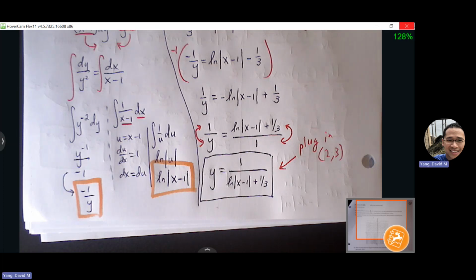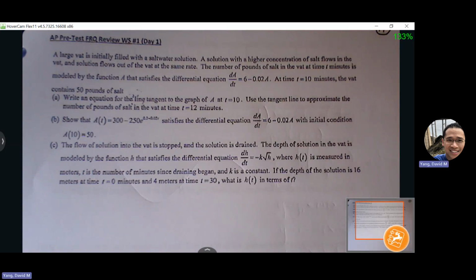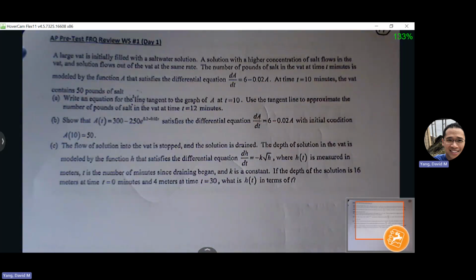Okay, let's see if we can make some progress on page 17. A large vat is initially filled with salt water solution.